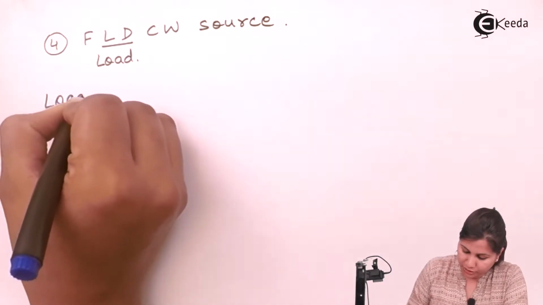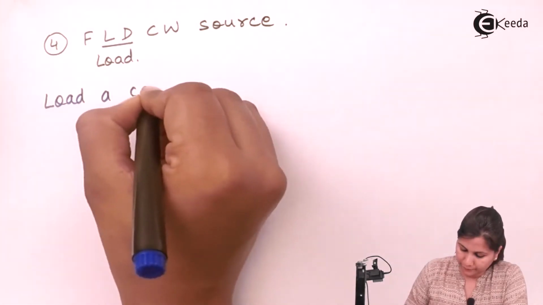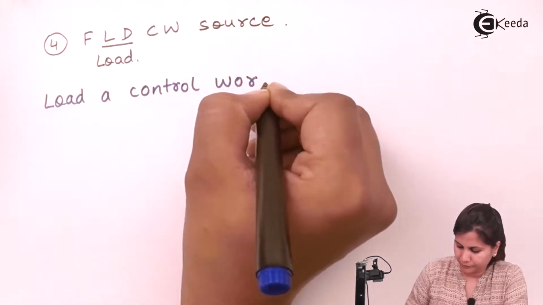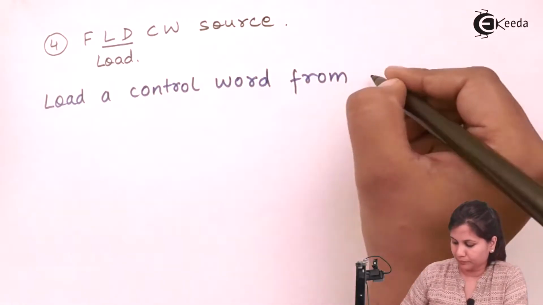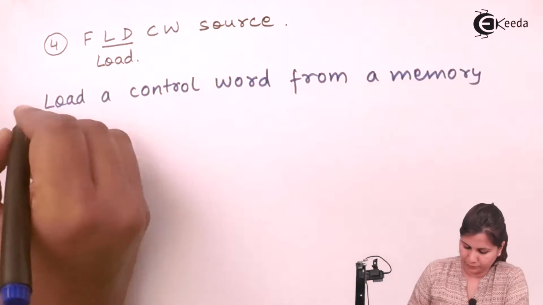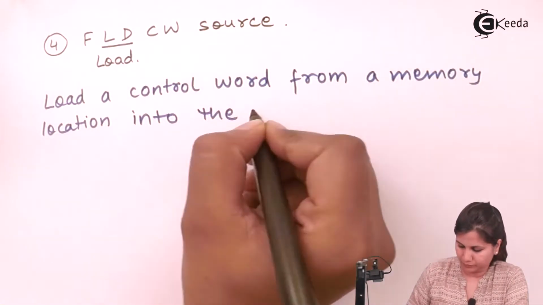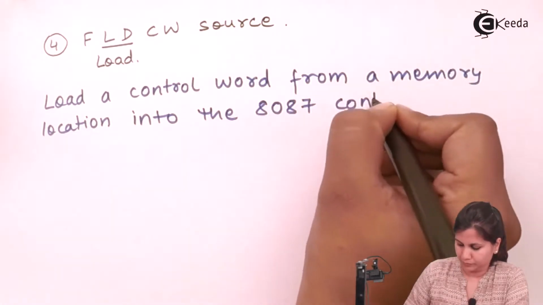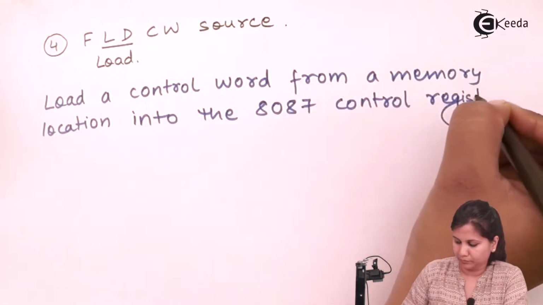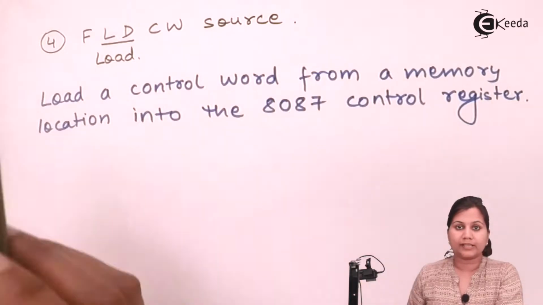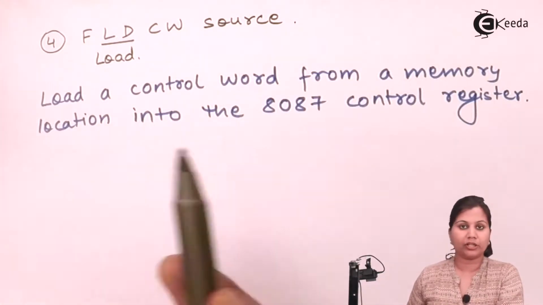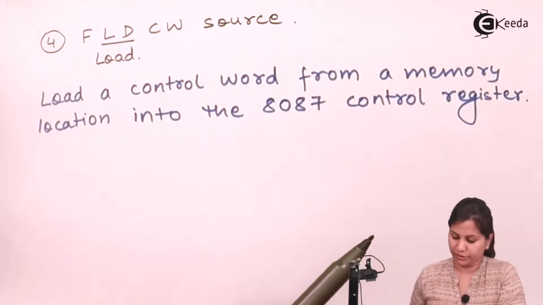So the control word is loaded from a memory location into the 8087 control register.